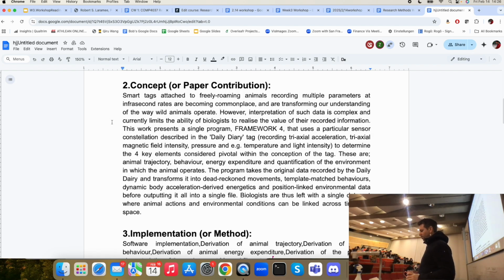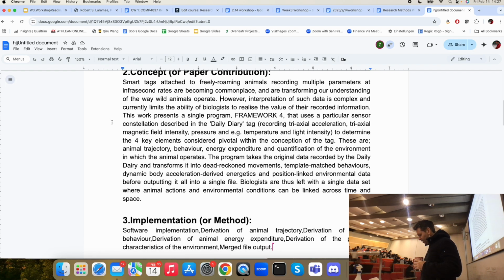And even this has a subtle aspect to it, because there's no guarantee that an animal is going to behave exactly the same if it's wearing a sensor as opposed to when it's not wearing a sensor. There's no guarantee. It's just assumed. And then this is all about implementation.